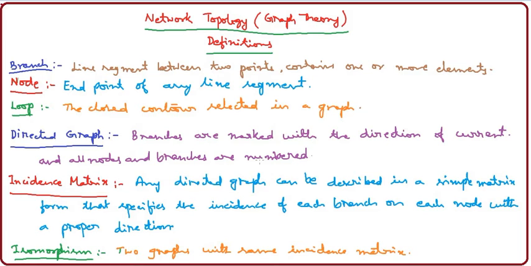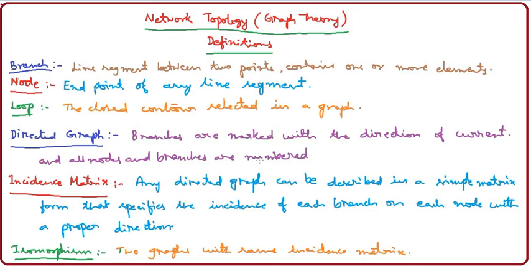For example, between two nodes there are 2 to 3 elements, say a resistor, an inductor, and maybe a capacitance, connected to some more nodes. These three elements are in series, so I can replace them with a single line, and that line segment is called a branch.